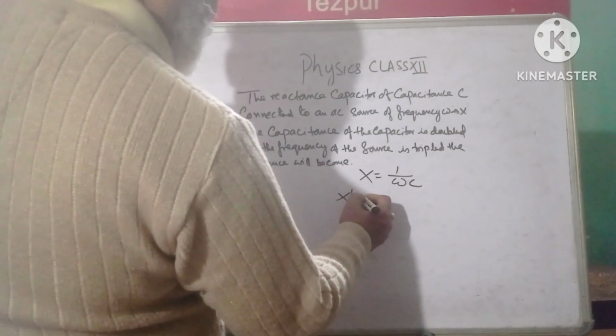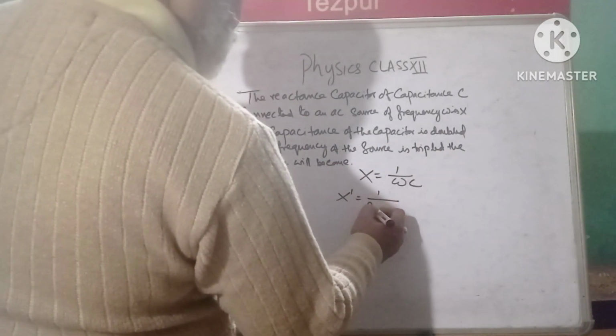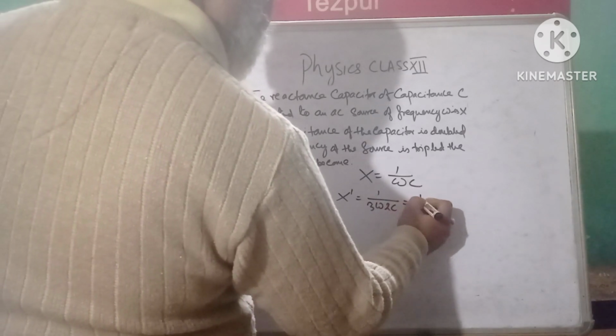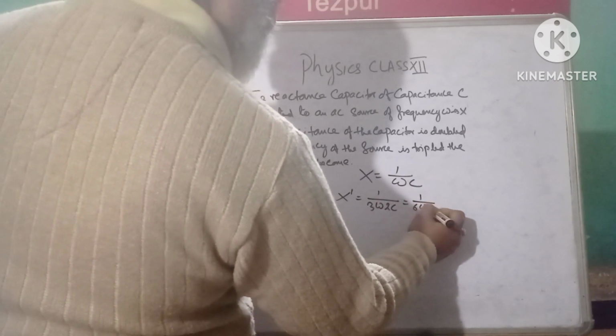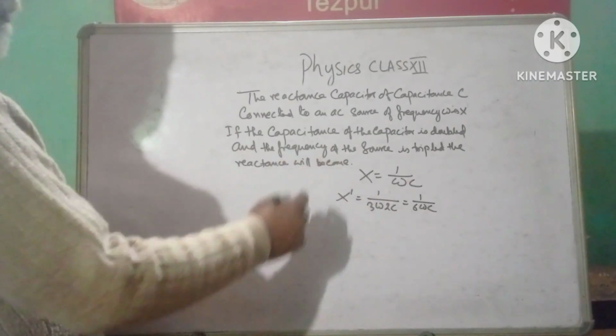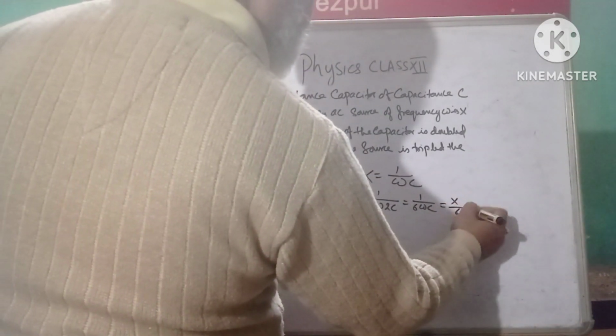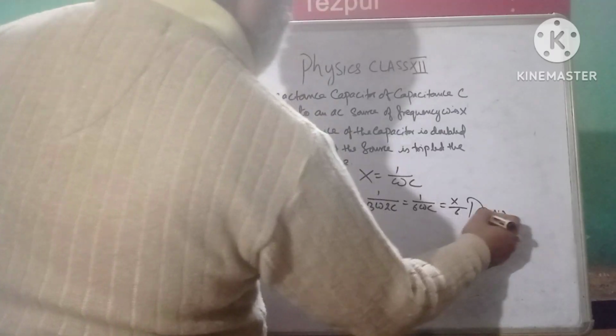So your X dash will be 1 by 6 omega C. So 1 by omega C is X, so this will be X by 6. This is your answer.